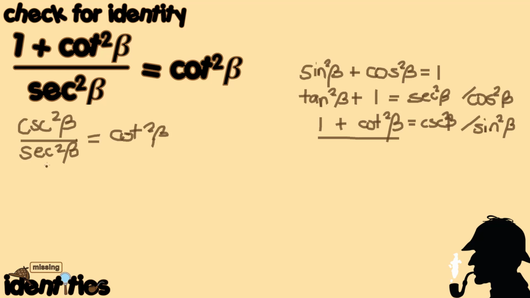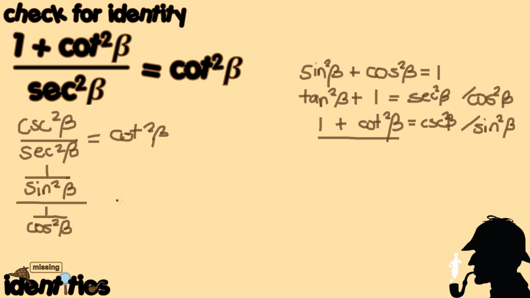Cosecant squared beta is just 1 over sine squared beta. That's just the numerator. Over our secant squared, which is also 1 over cosine squared beta. This is still equal to cotangent squared beta, but let's not write it here first because we will be manipulating this.